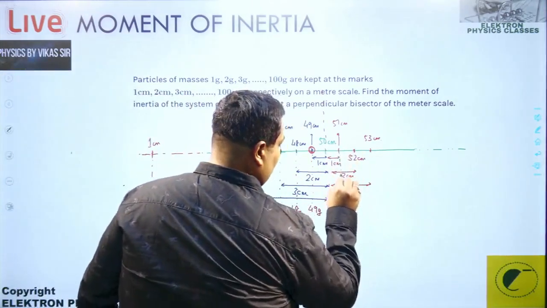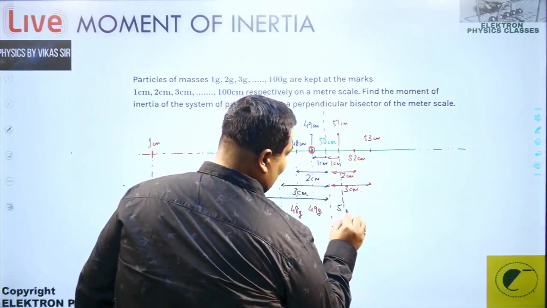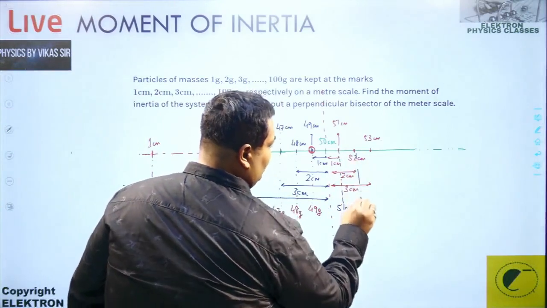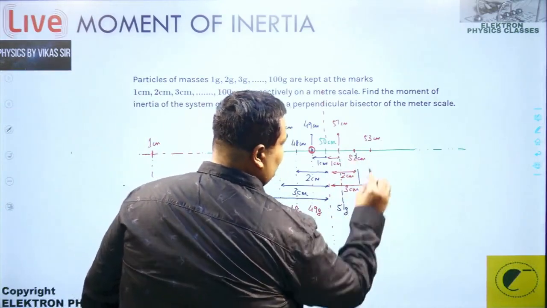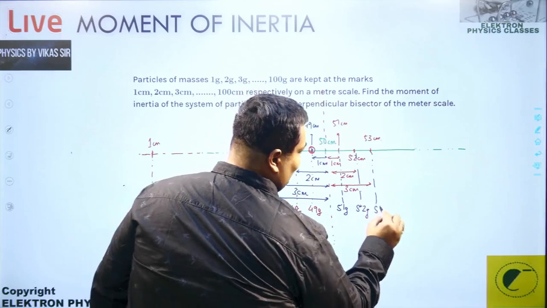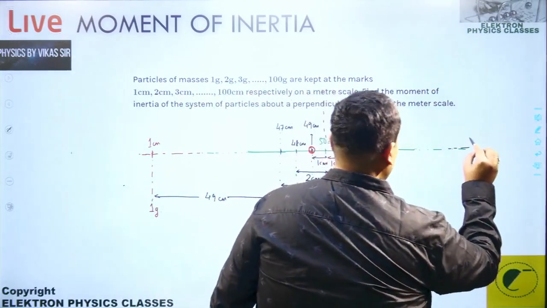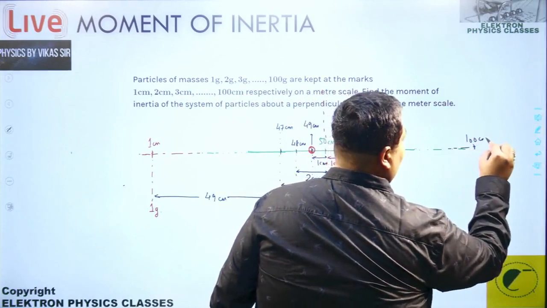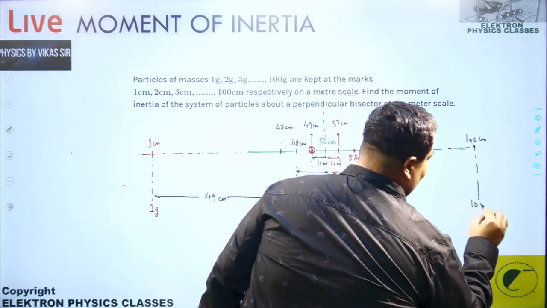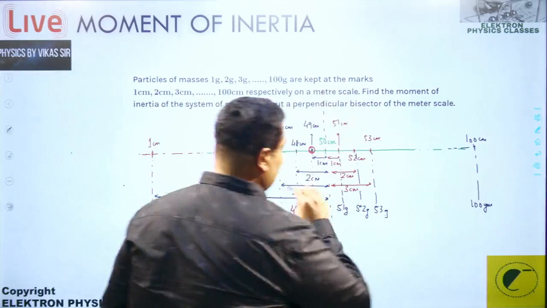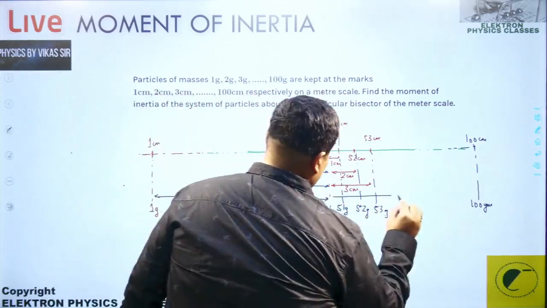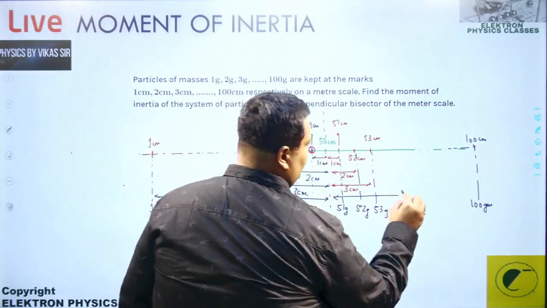And further, over here, we have 51 gram. Over here, 52 gram mass. Over here, 53 gram mass. And the last one, over here, somewhere, that is the 100 centimeter mark, and the particle over there is of 100 gram. And the distance of that particle from here should be 50 centimeter.